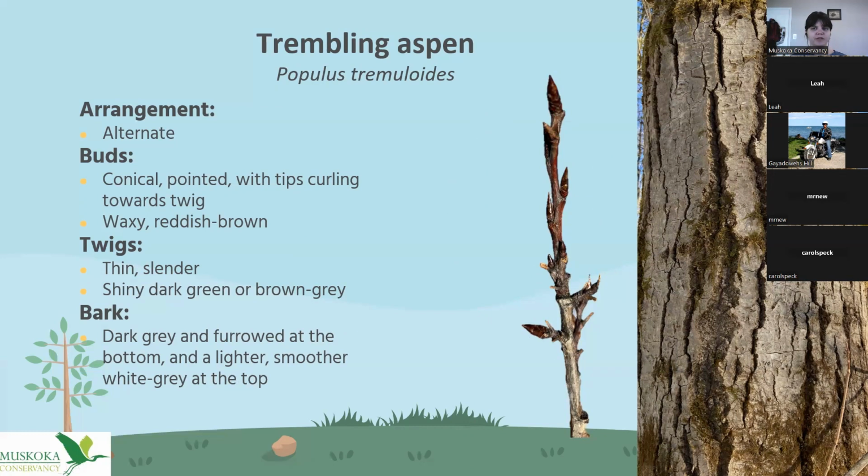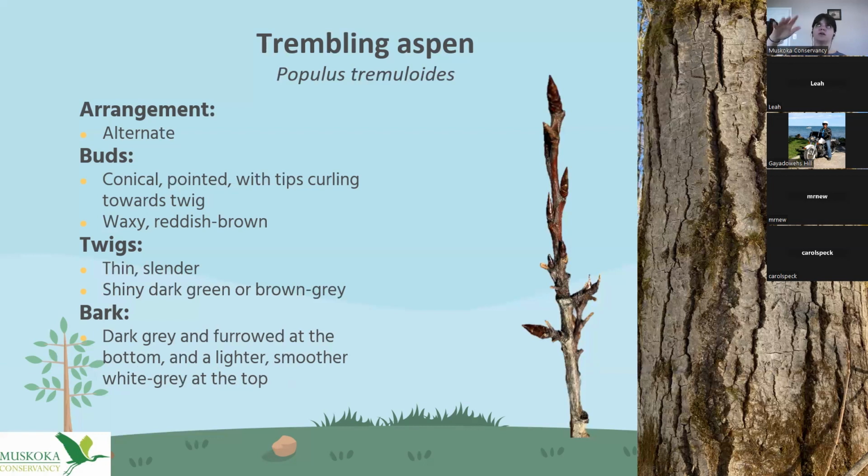The bark for our poplars or aspens is quite unique as well. When you're looking at the base of a tree, it's generally a lighter dark gray, which is quite furrowed with ridges at the bottom.